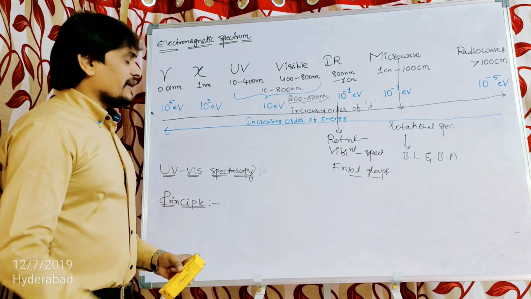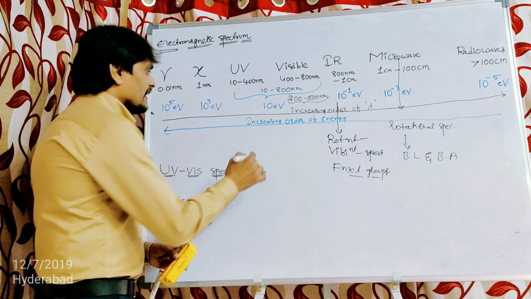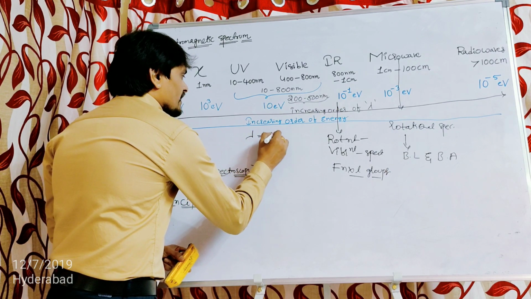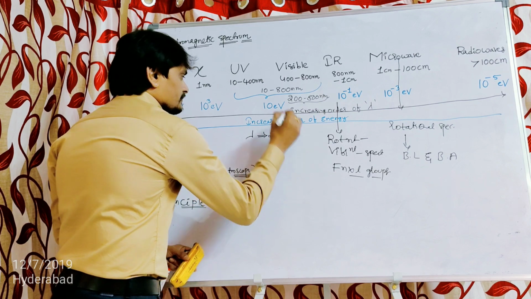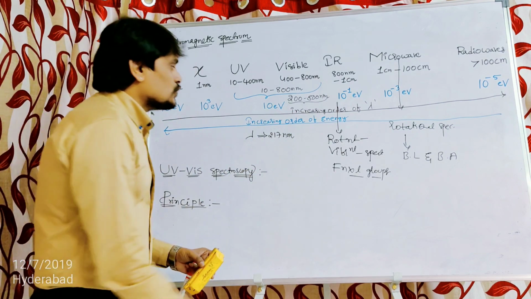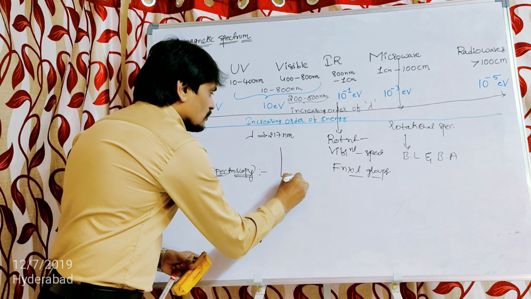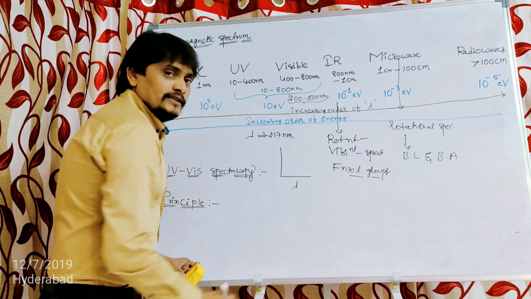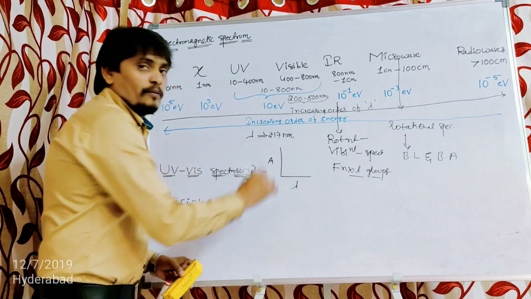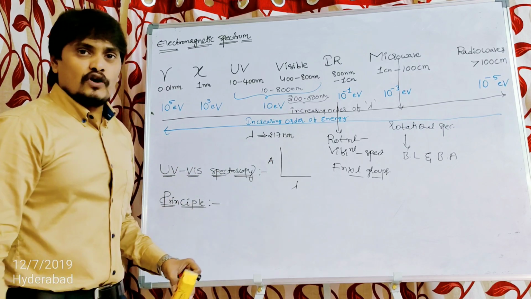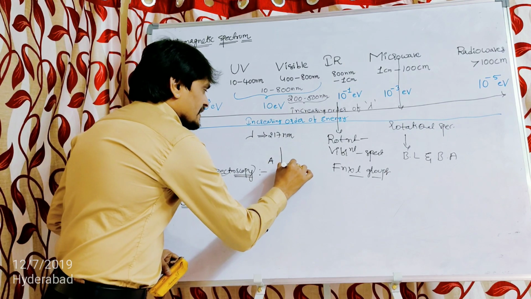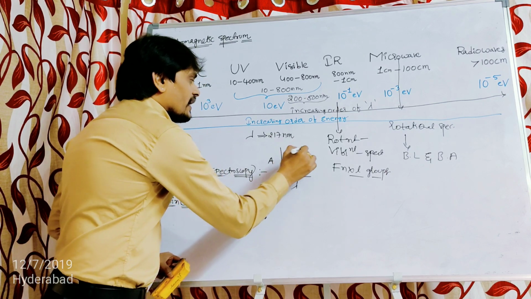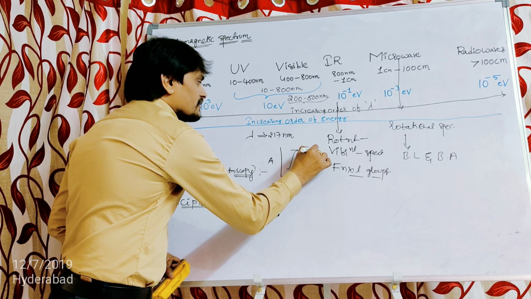That is, for example, let us say that lambda obtained is 217 nanometers. Lambda obtained is 270 nanometers. So, in the spectra, against wavelength and absorbance, let us say that the band is absorbed at 217 nanometers.